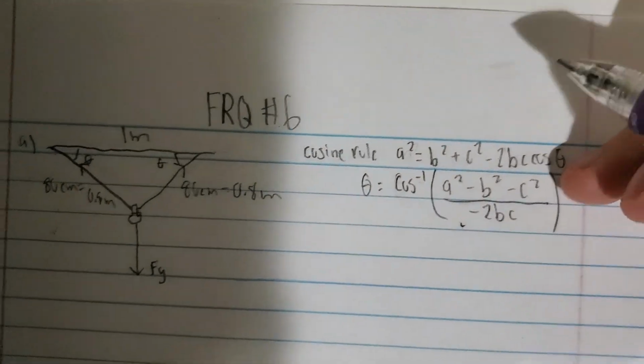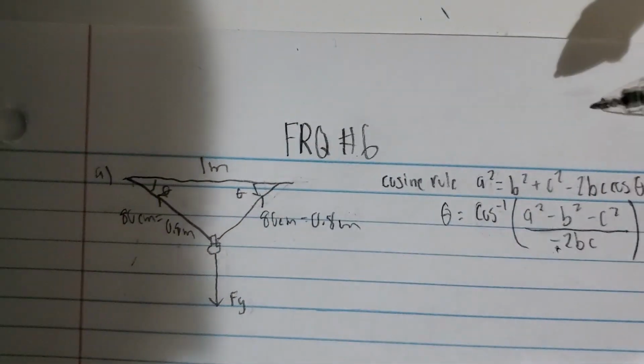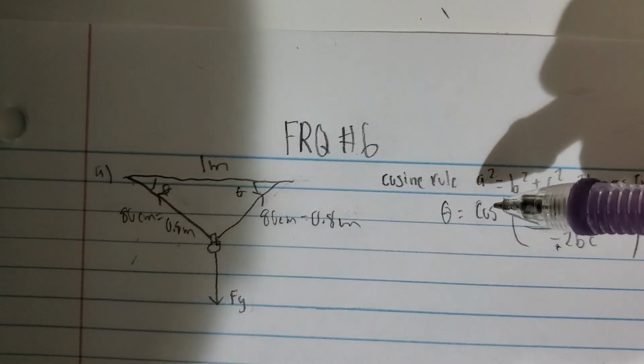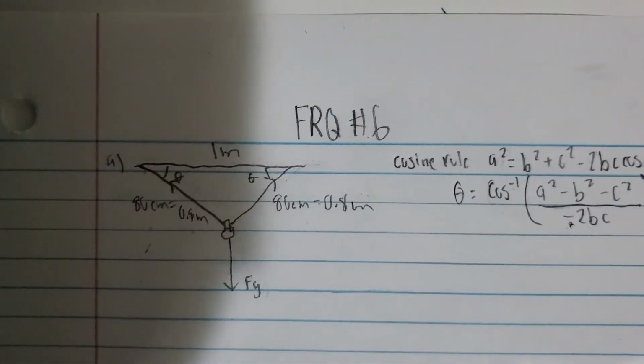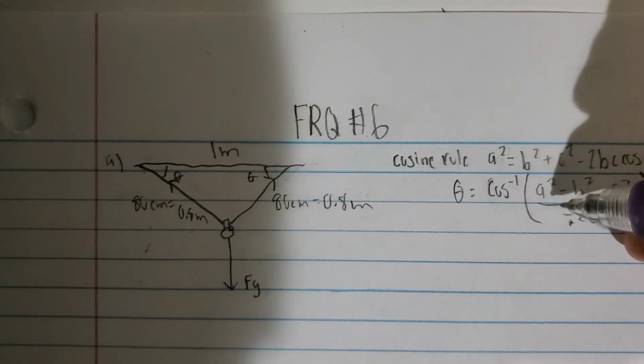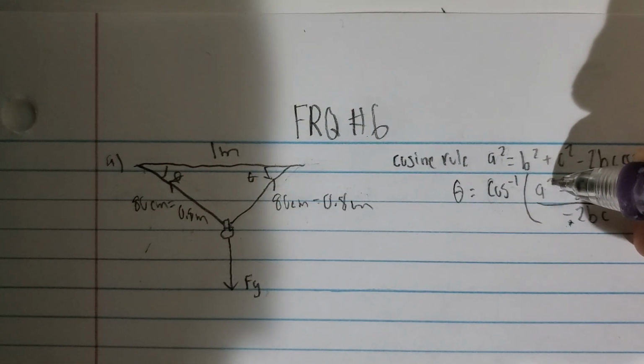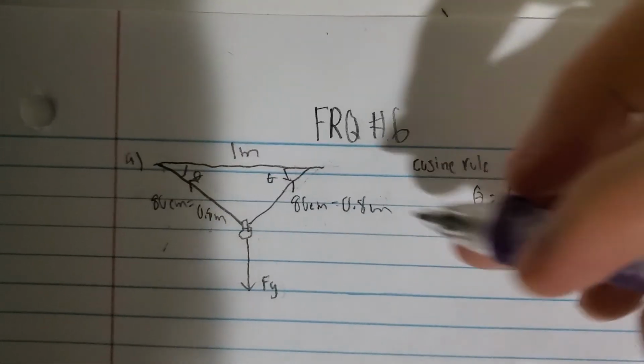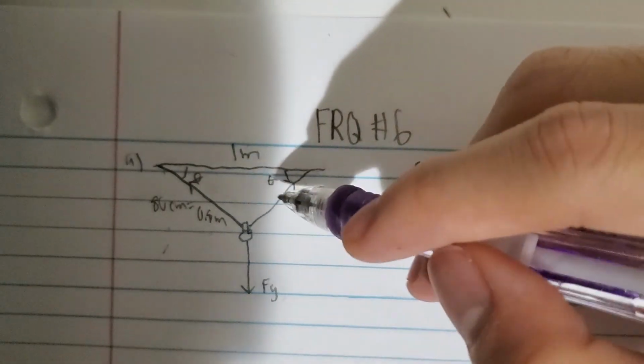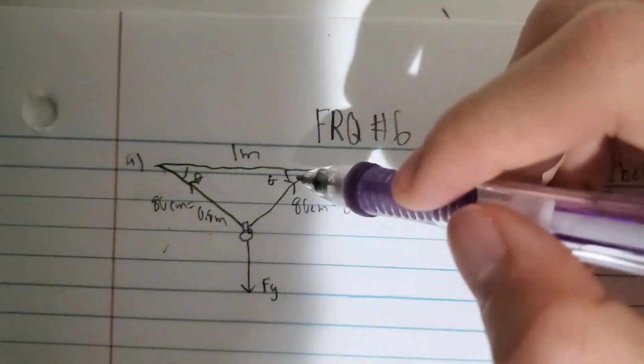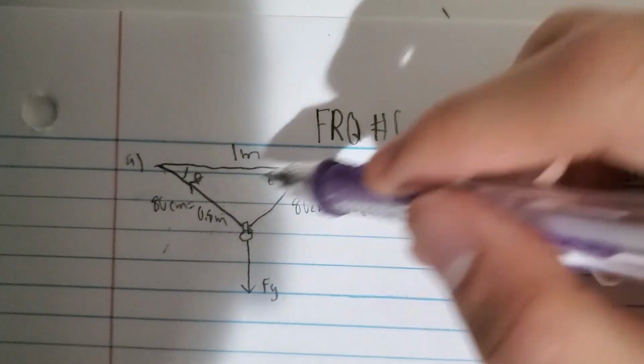So at this point, I can use this to find my thetas. My a has to be the length of the side that's opposite to the angle.